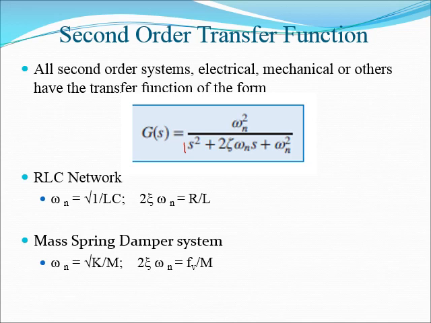So omega n square will be equal to, from the electrical network, 1 over LC, and then 2 zeta omega n will be equal to R over L. For the mass spring damper system, omega n is square root of K over M, and 2 zeta omega n is Fv over M. So what we did, we just compared the coefficients.